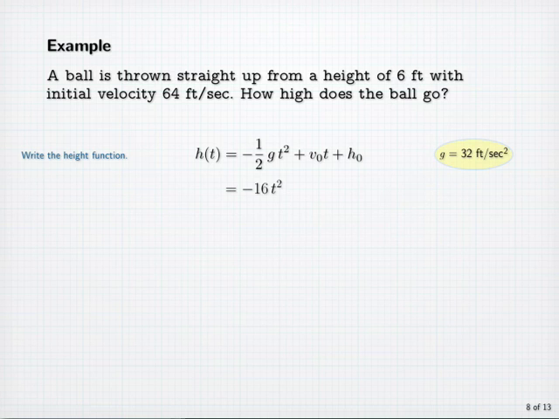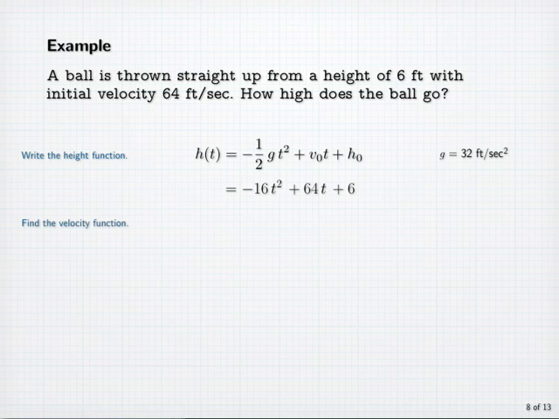So the first term is minus 16 t squared. The initial velocity is 64 feet per second, so our second term is plus 64t. Our initial height is 6 feet, so that's h naught, and so we have h of t equals minus 16t squared plus 64t plus 6.